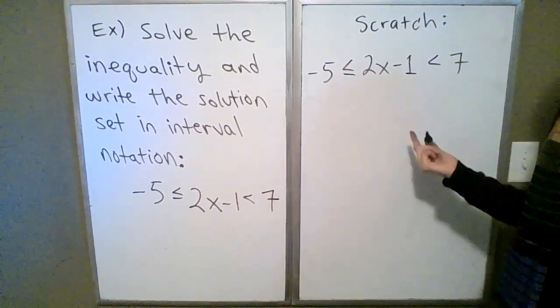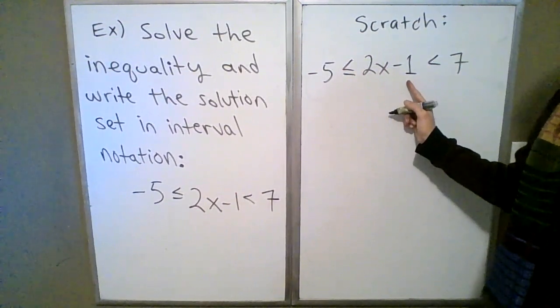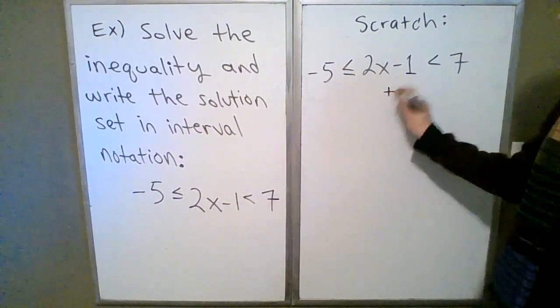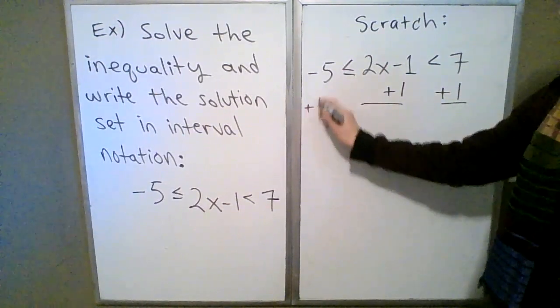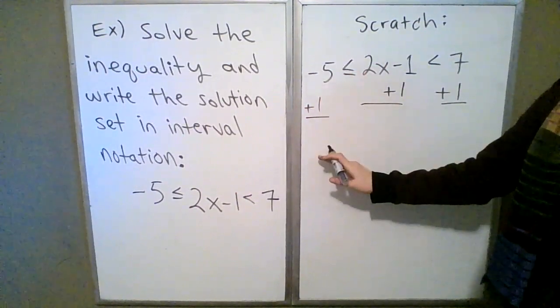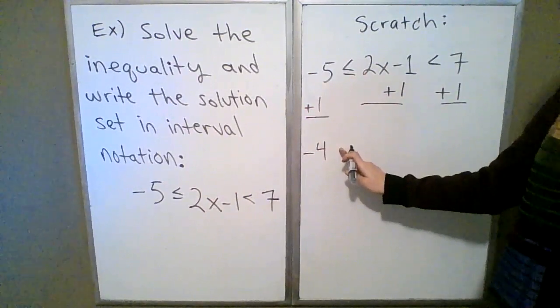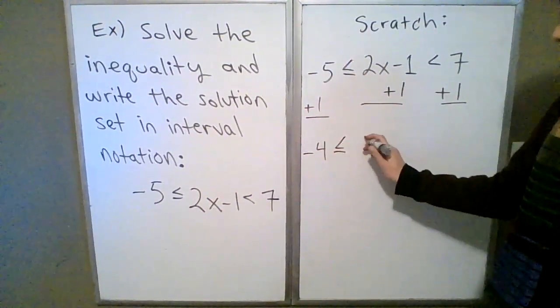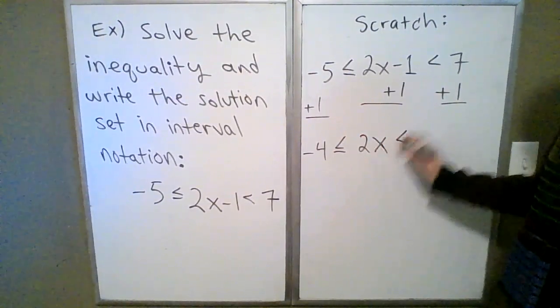All right, so we want to isolate x by adding 1 to all parts of the problem. So add 1 here and on the side over here and at the beginning over there. Okay, this would be -4. Copy that straight down, less than or equal to 2x. And then strictly less than 8.